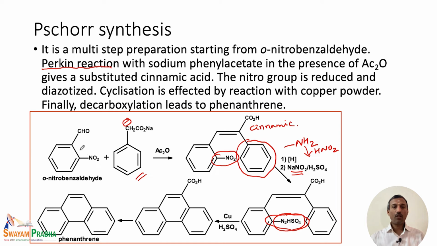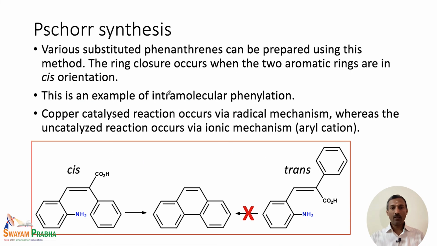Along with the ortho-nitrobenzaldehyde, we can also have some substituents on this particular ring. So both rings can have different types of substituents, and based on the different substituents we can get different substituted phenanthrenes. One thing we have to remember is this reaction occurs only with the cis orientation.